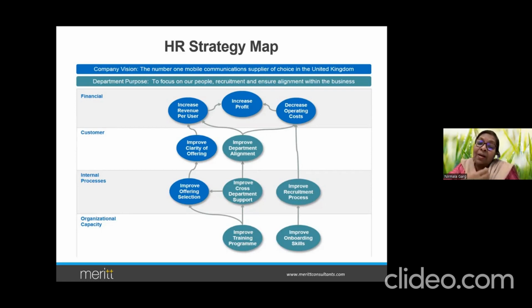Obviously, I'll have to look at all my internal business processes, which include recruitment, competency development, talent management, career planning, succession planning, and even compensation, because if I don't give the right compensation, I won't get people. If I do all that, my internal employees, that is, my customers, are happy, and therefore I'm increasing revenue per user.